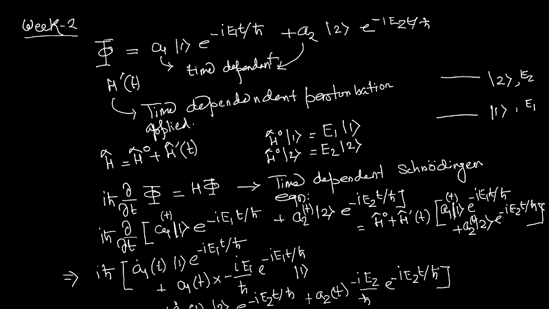Similarly, if you put H0 with this, you will get a1 t E1 psi 1 by h cut plus, with this one H0, we will get a2 E2.